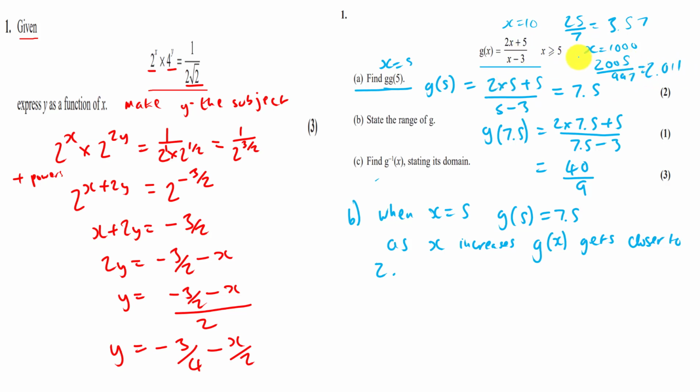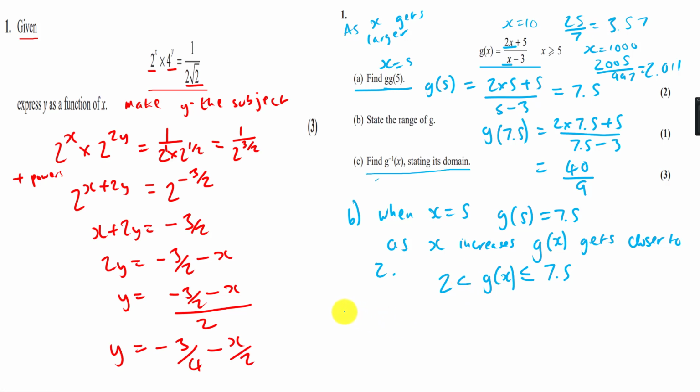So you can imagine as x gets larger, this function is going to just get closer to 2x over x, and the plus 5 and minus 3 aren't going to matter so much. So the range of g(x) would be 2 less than g(x) less than or equal to 7.5, and this is as x approaches infinity, that's when that is 2, so that's why we have that sign there.